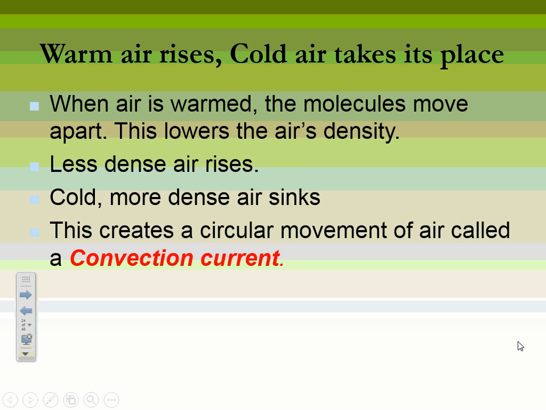Whenever that air is warmed, the molecules move apart, they separate, and this creates a lower density for air. That less dense air then rises. The cold air is displaced and then sinks. This movement of air is called a convection current.